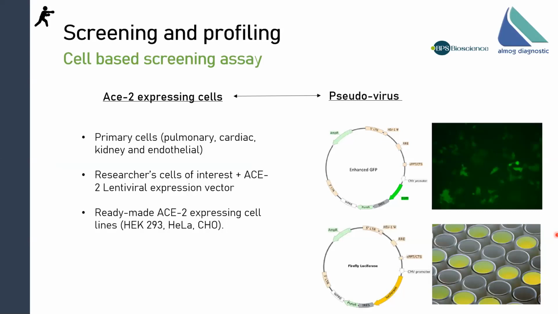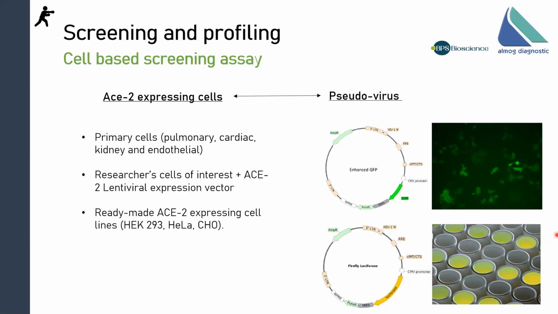The other one is, instead of using the spike protein, we are using a pseudovirus, which mimics the virus itself. Now, you can use your cells of interest, and you can transfect or infect them with a lentiviral vector expressing ACE2, or you can use primary cells, such as pulmonary, cardiac, kidney, or endothelial cells.